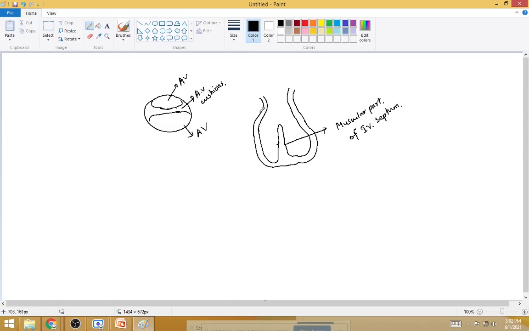So what happened between the atrias we have already seen, isn't it? We saw how the septum primum, secundum came and all. But here, the interventricular septum has got many parts, three parts basically. This is the muscular part which happens to grow through passive process.